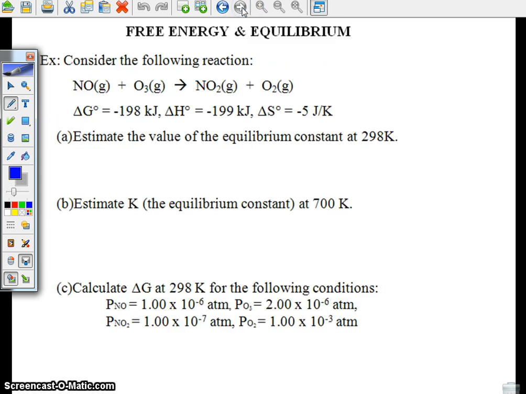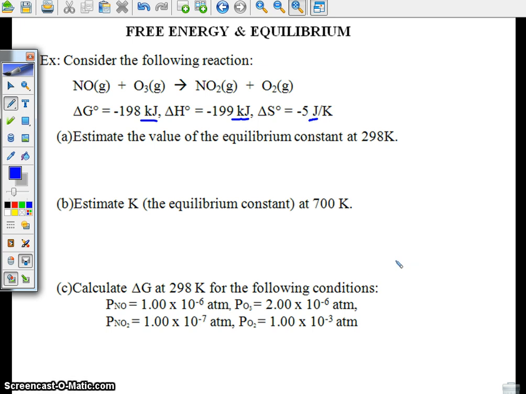So we're going to try one example. Because we're very equation heavy, it's about looking at what you're given and deciding what equation do I have that's going to match what I want to do. So we're given a reaction, and we're given the standard G, H, and S. Make sure you take notes of the units for when you need that information.